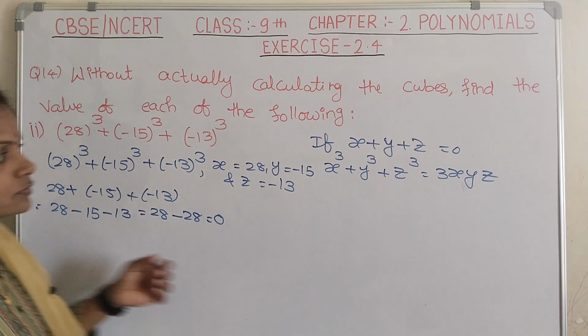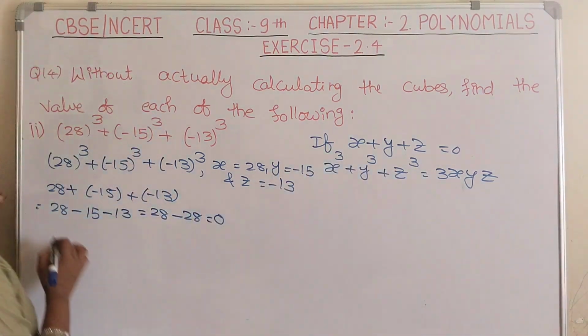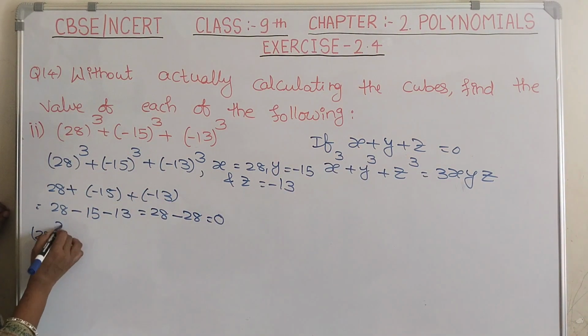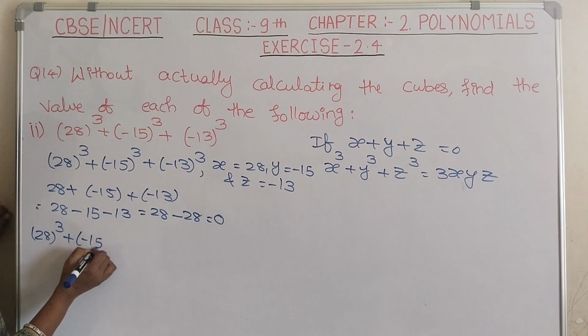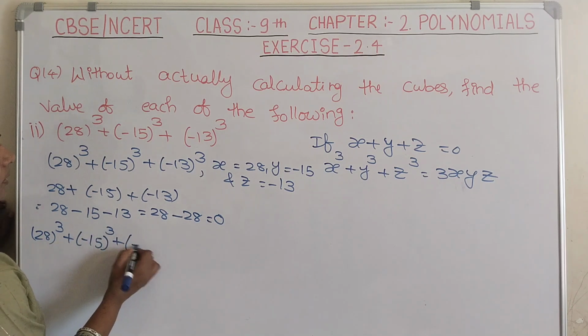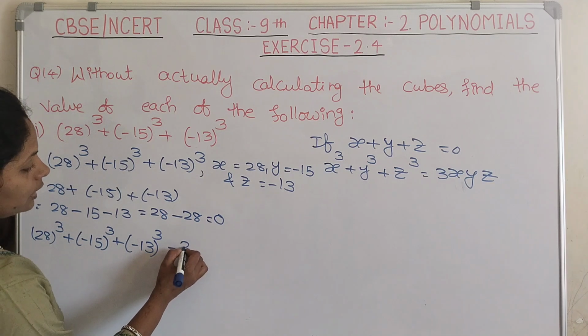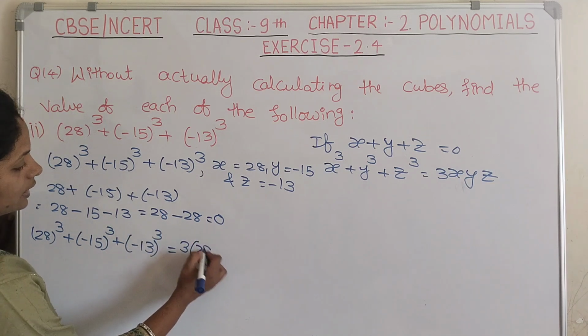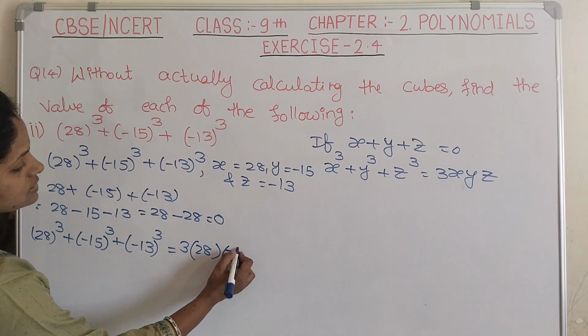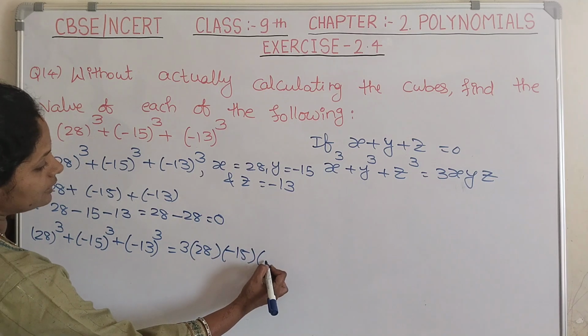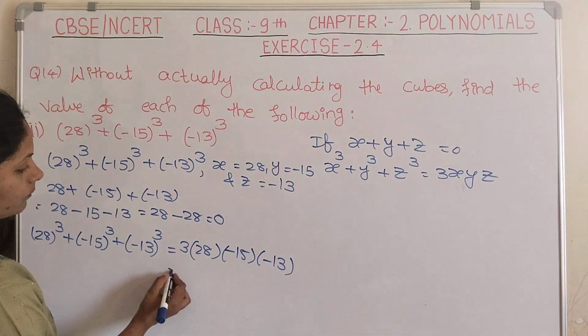Then we can use this formula. 28 cube plus minus 15 cube plus minus 13 cube can be calculated as 3 into x, which is 28, into y, which is minus 15, into z, which is minus 13.